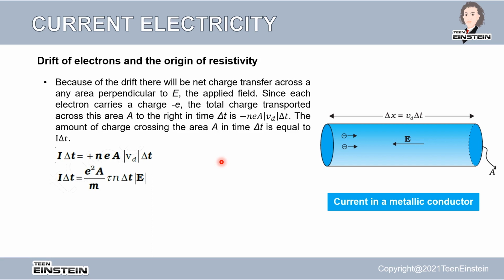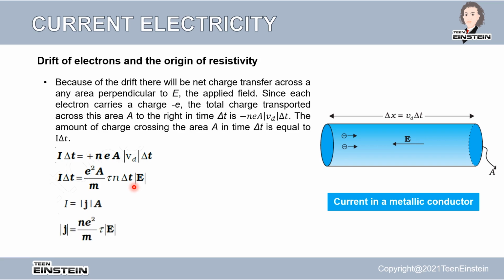Now we are just applying the value of v_d here, and we write e squared A by m into tau n delta t multiplied by E. Now we know that I equals J multiplied by A, because J is the current density.